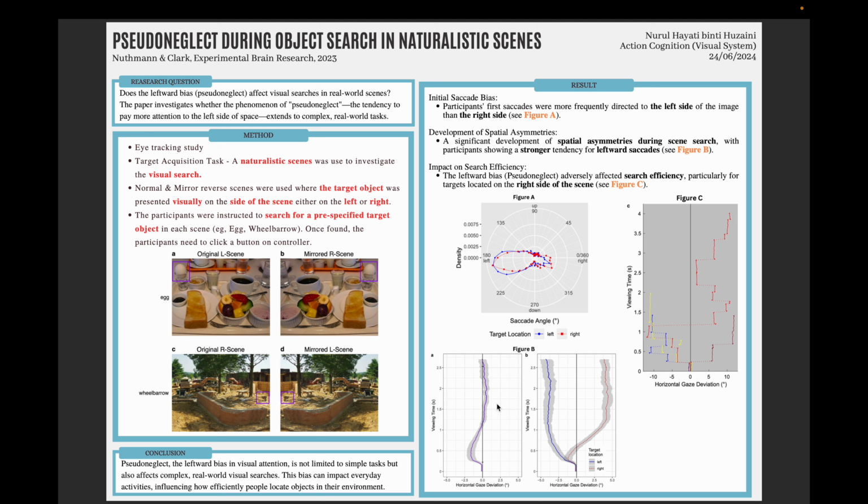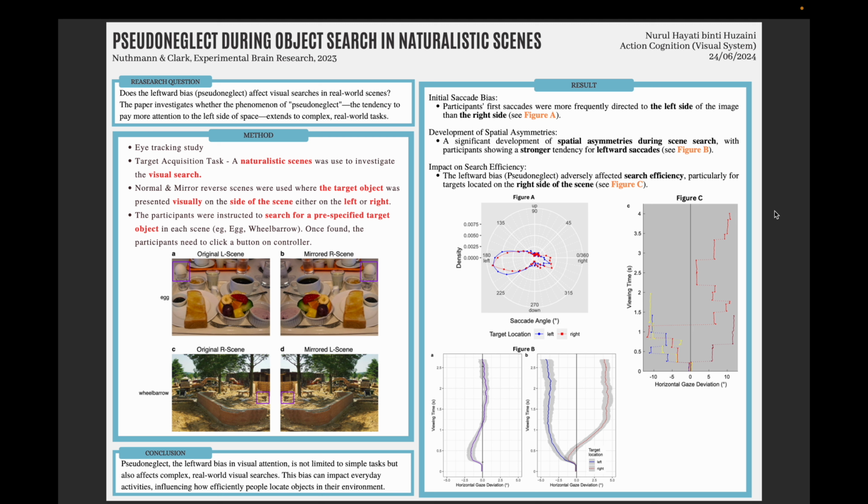As you can see here in the picture, this is a normal picture, and then this is a mirror-reversed one. So if the target is originally on the right, when mirror-reversed it will appear on the left. So what did they find from this study?